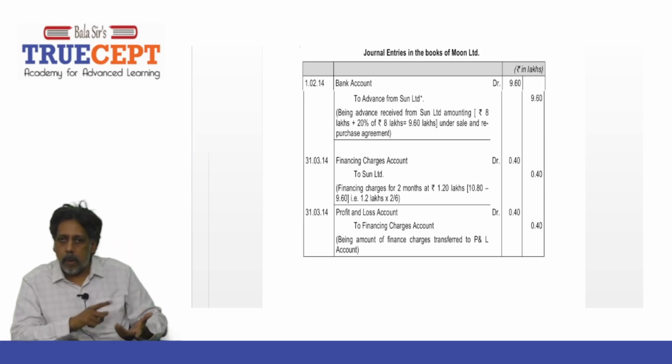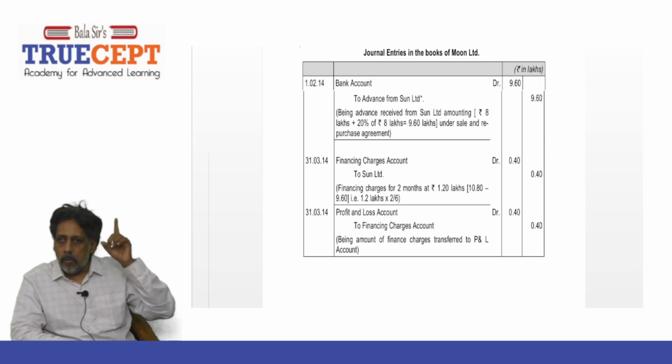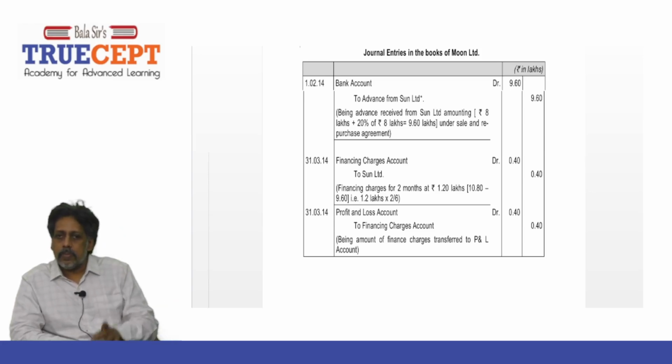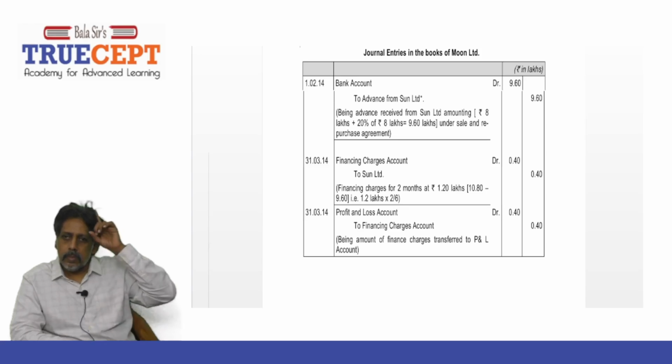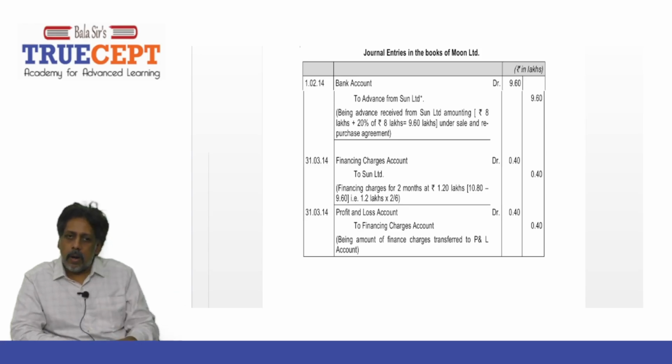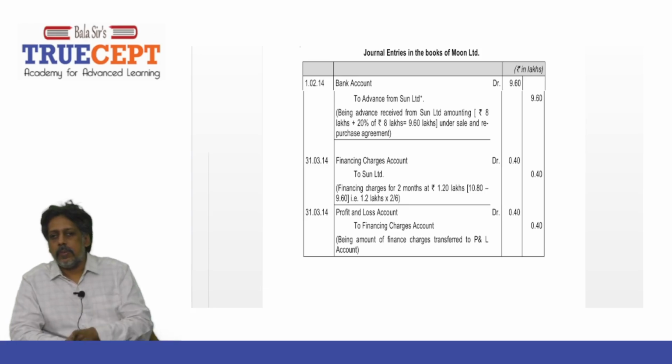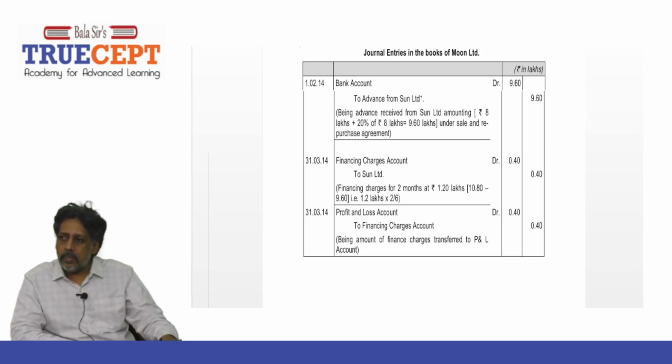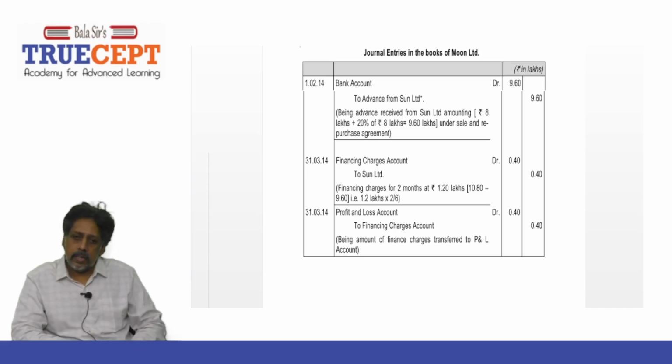How much? 0.4 lakh. Then one more entry will be profit and loss account debit to interest expense, or P&L to finance charges, transfer the interest expense to P&L. Is that clear? Got it?